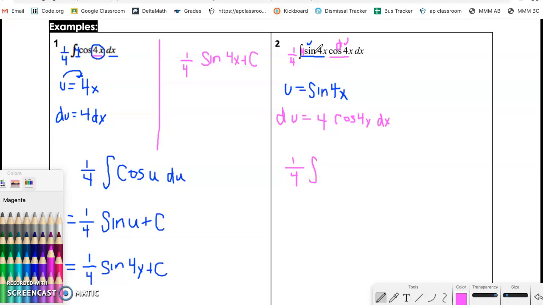My sine 4x is just going to be my u, and my 4 cosine 4x is going to be my du.